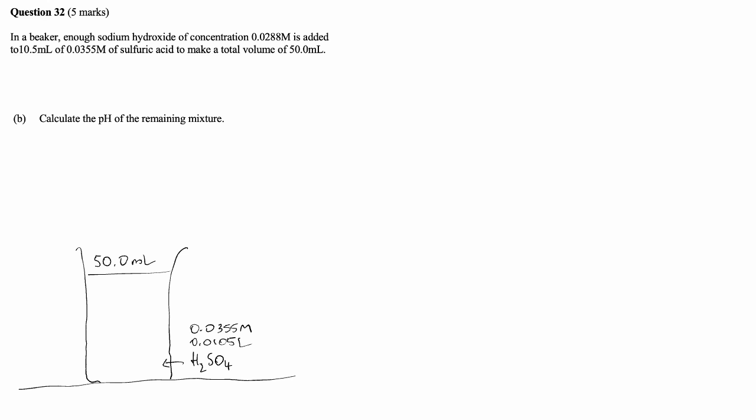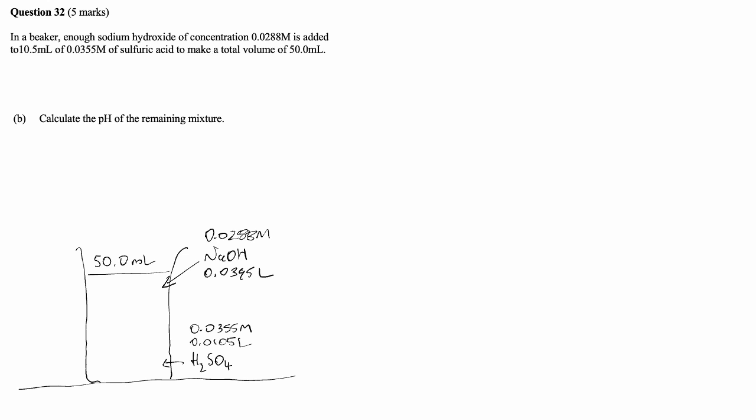All right, now the rest of the 50 mil was made up by sodium hydroxide. So this is NaOH, and to make up the shortfall to 50, we would have added 0.0395, so 39.5 mil, litres. Concentration of that was 0.0288 molar. Okay, so that's what we're looking at here.